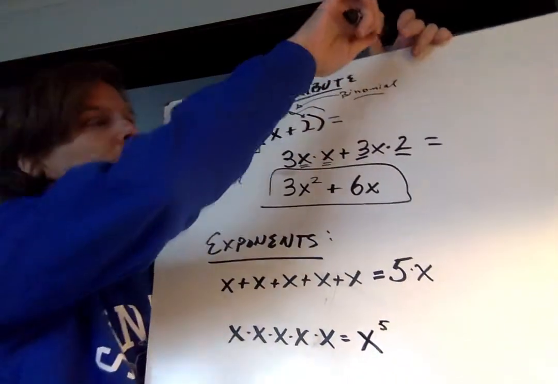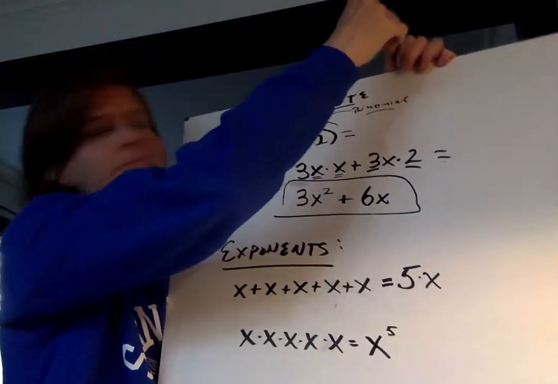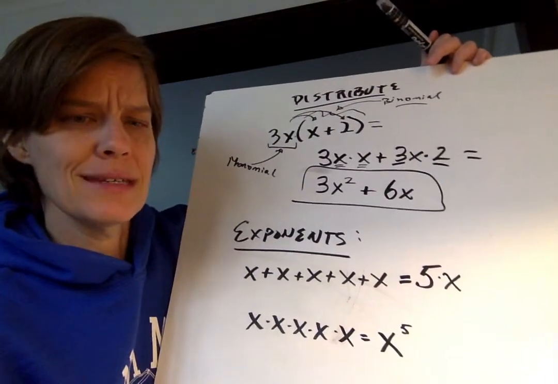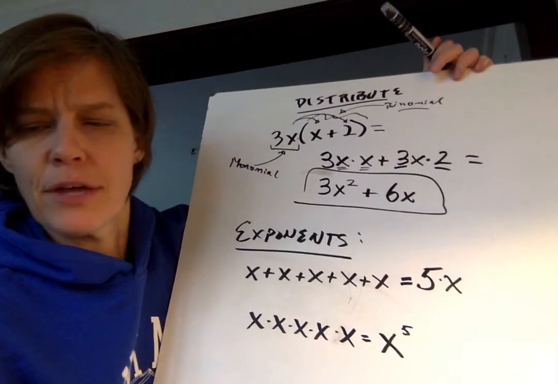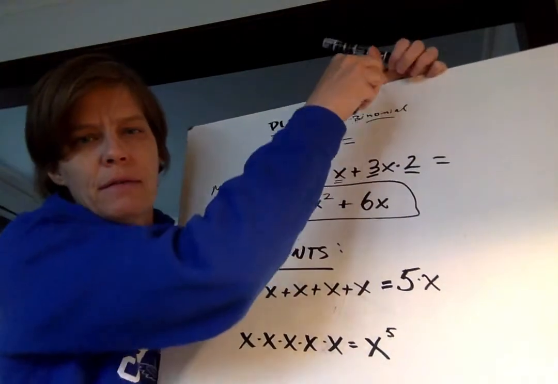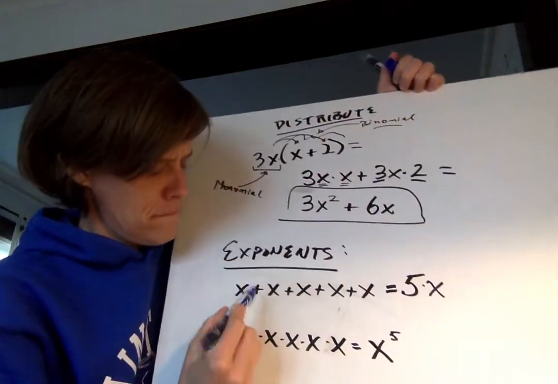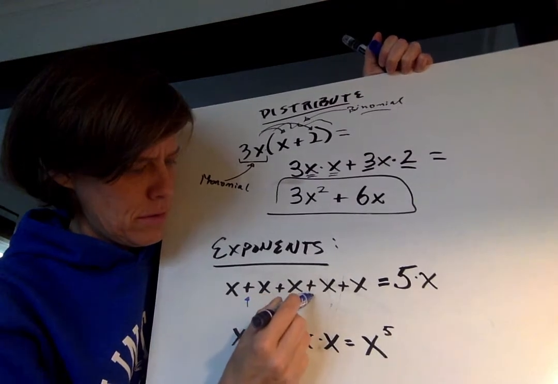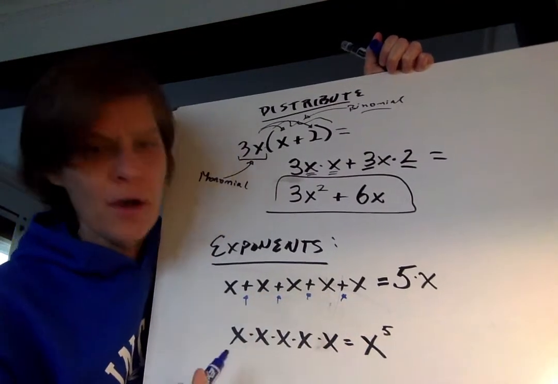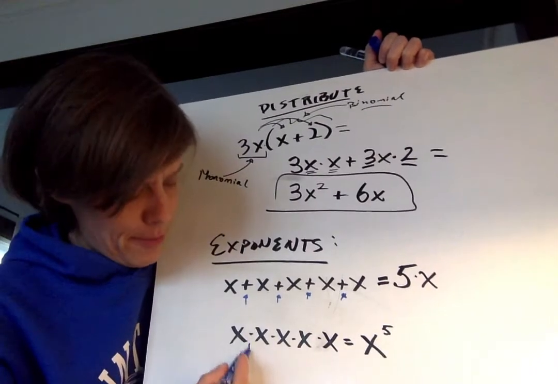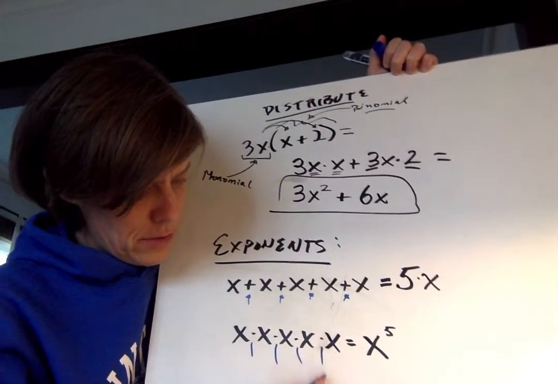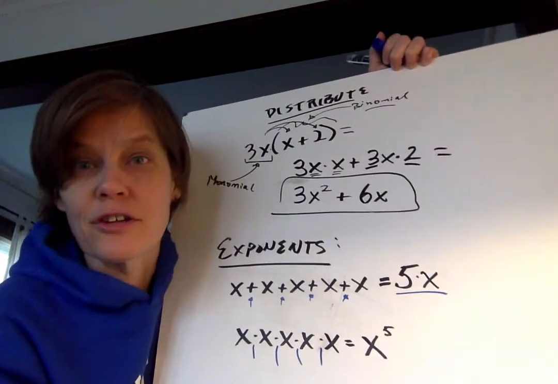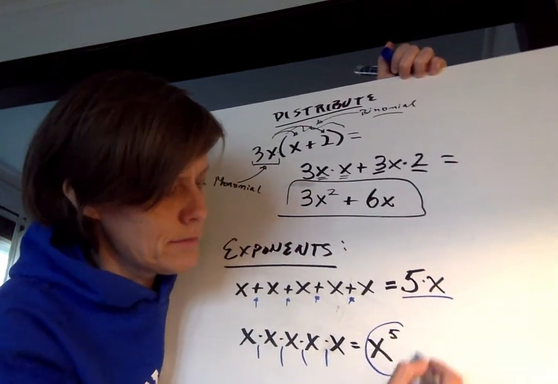Here, as you can see, the operation is addition, right? But here, the operation is multiplication. So this becomes multiplication, and this becomes an exponent.